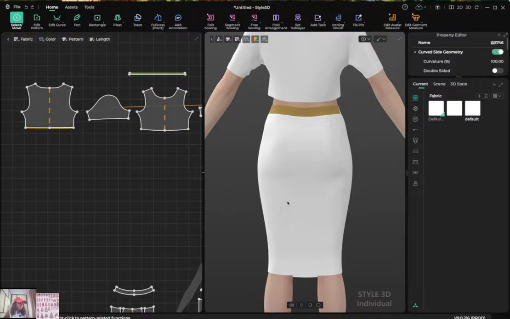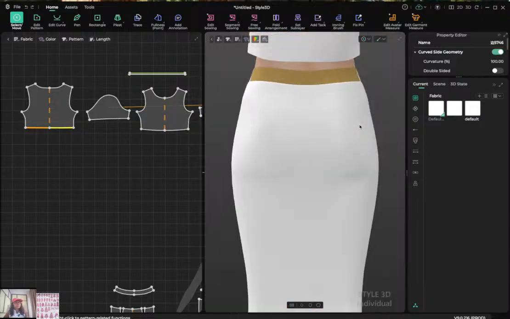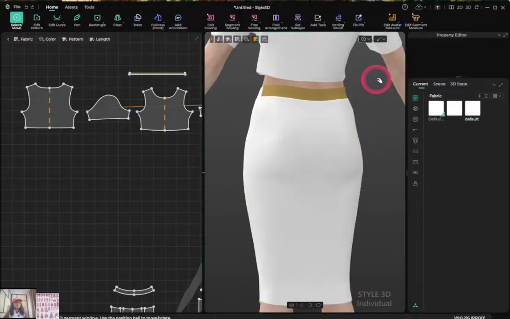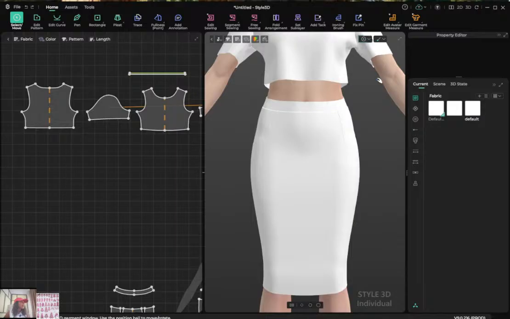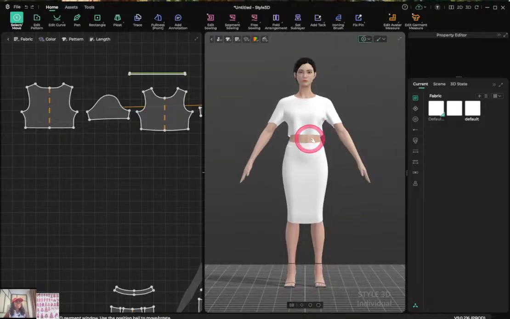Okay, I think we have a pencil skirt. What can I say? This is a pencil skirt, you guys.